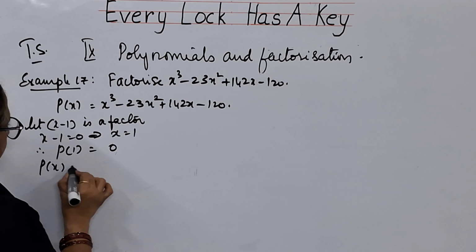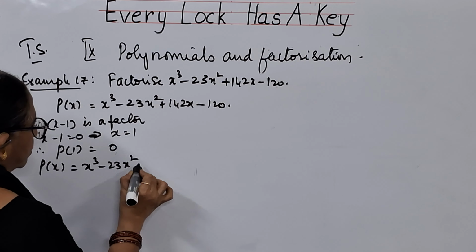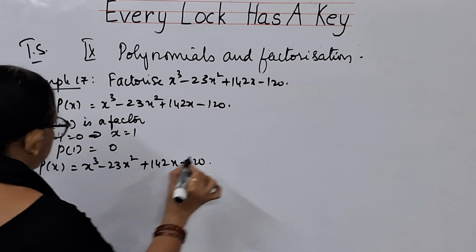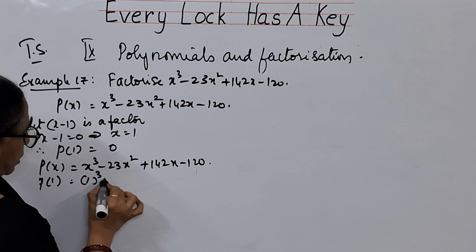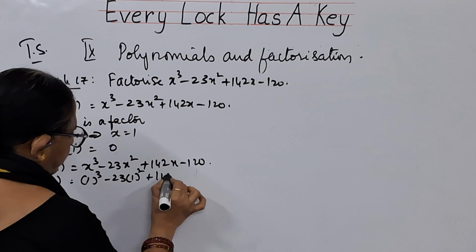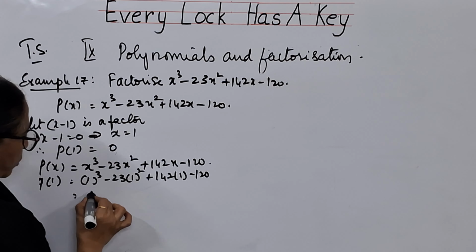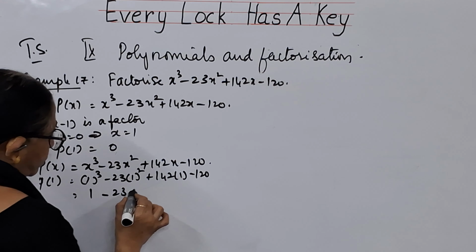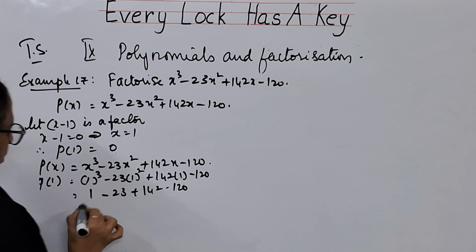So, take p of x, x cube minus 23x square plus 142x minus 120, and p of 1. 1 cube minus 23 into 1 square plus 142 into 1 minus 120. 1 cube means 1, minus 23. 1 ones are 1, minus 23 plus 142 minus 120.